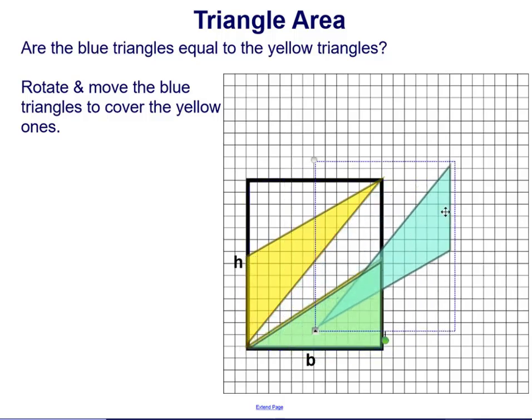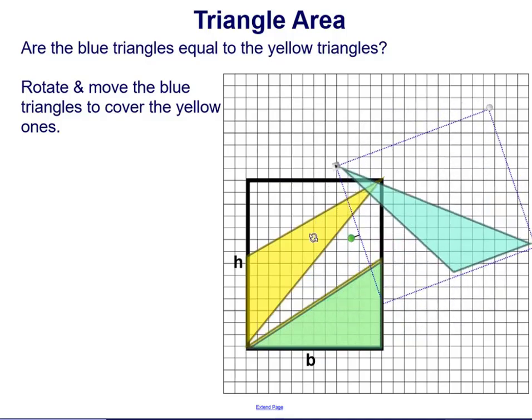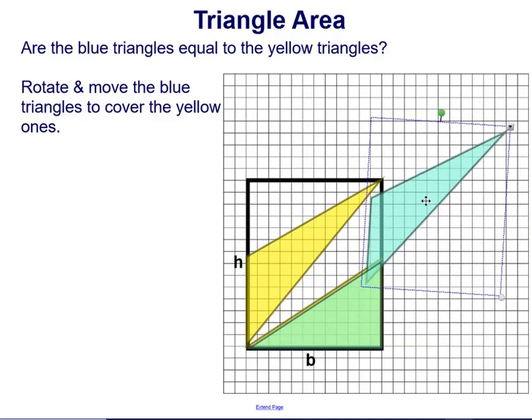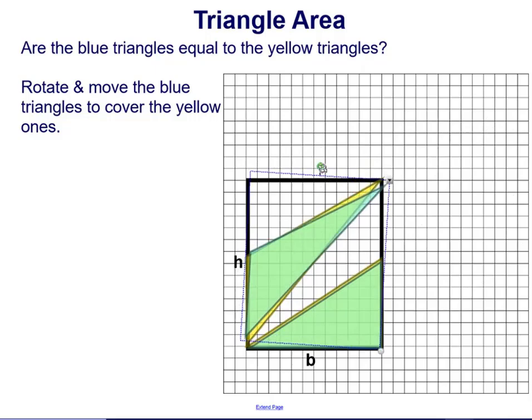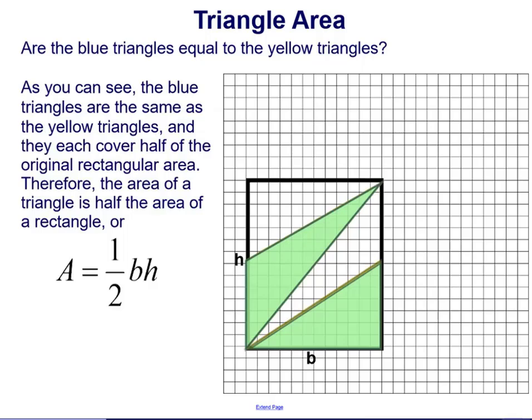So what happens with this blue? If I rotate this around, I can see that it also covers that yellow shape. As you can see, the blue triangles are the same as the yellow triangles, and they each cover half of the original rectangular area. Therefore, the area of a triangle is half the area of a rectangle, or area equals 1/2 base times height.